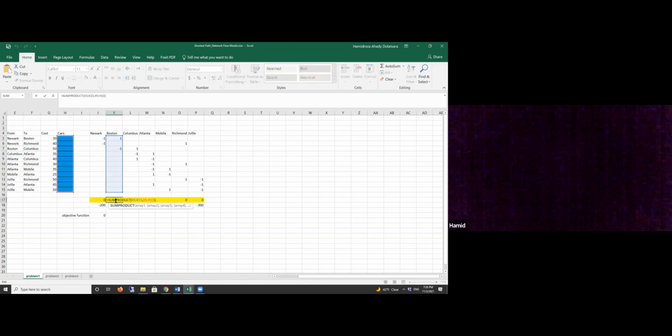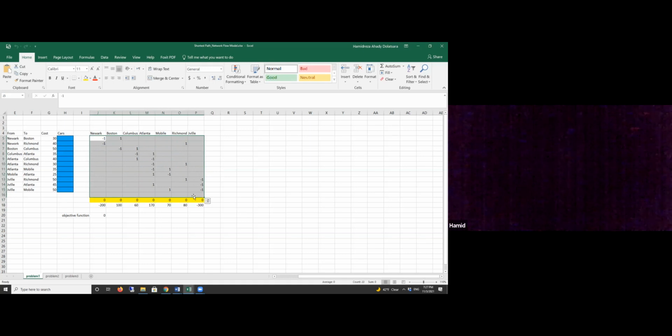The yellow cell just takes those arrows, the +1 and -1, times the associated blue cells that have the decision variables. And same for other cities. So what we try to do in this Excel is put all the links and nodes together and make the relationship that you already saw in the figure.